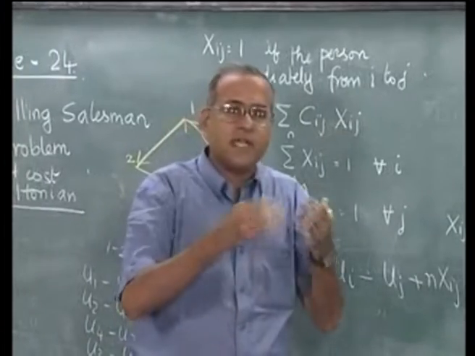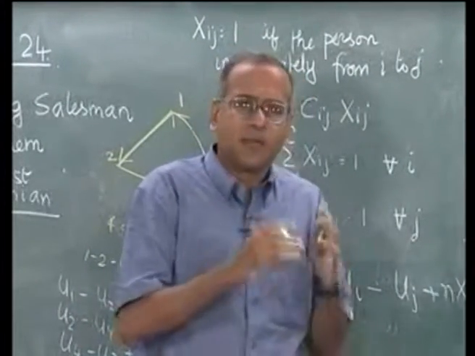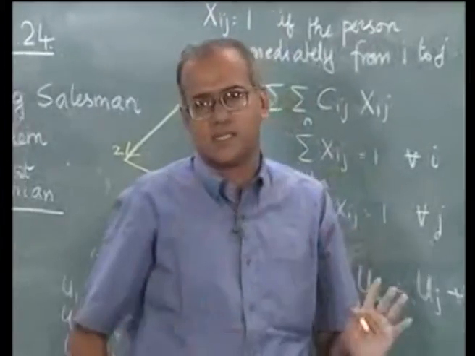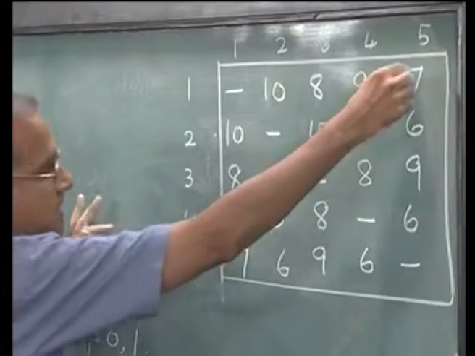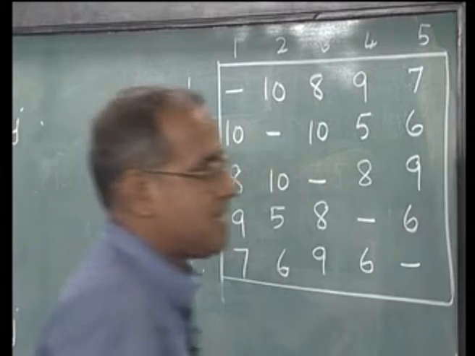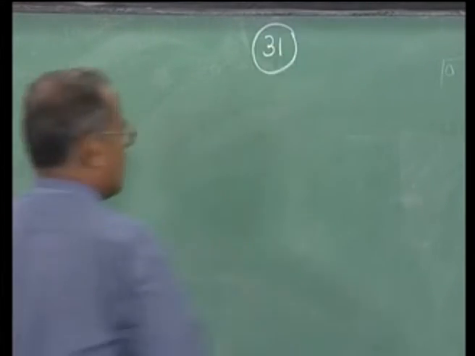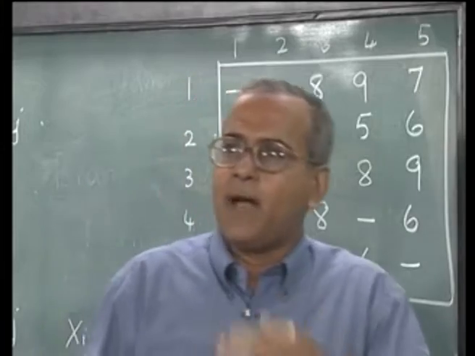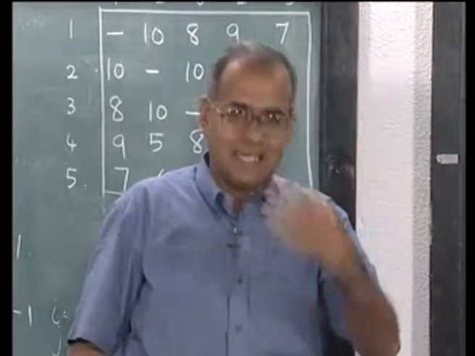So, the sum of these minimum distances will have to necessarily be some kind of a minimum total distance that this person has to travel. That is given by the sum of the row minima, which is 7 plus 5 is 12, plus 8 is 20, plus 5 is 25, plus 6 is 31, and this 31 is some kind of a bare minimum total distance that this person has to travel.